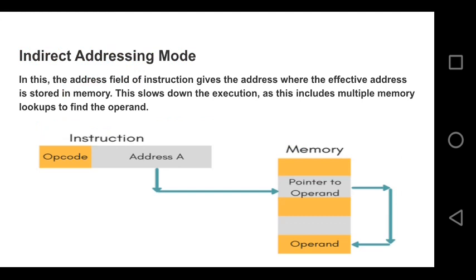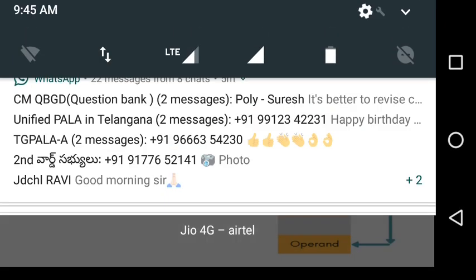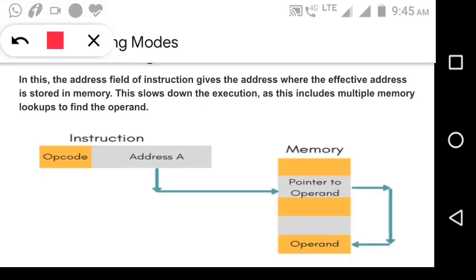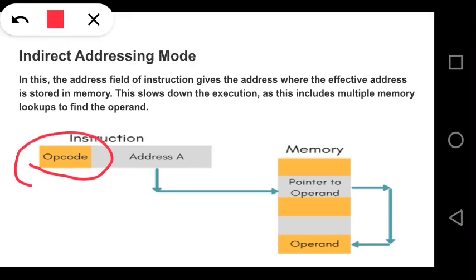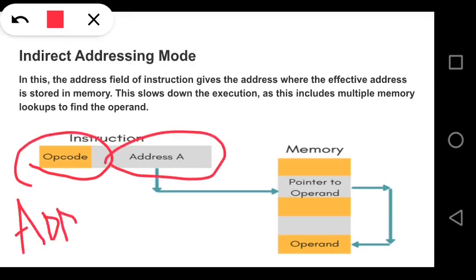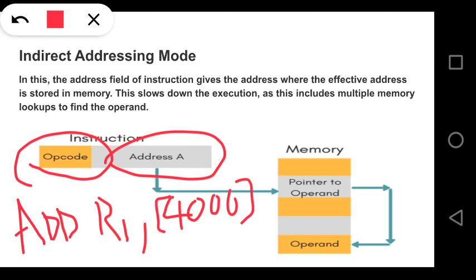And of course, the advantage is that address space is not limited to memory. So this is an instruction, this is an opcode, this is an address. Let's take the same previous example, 4000, but then it becomes direct addressing mode.